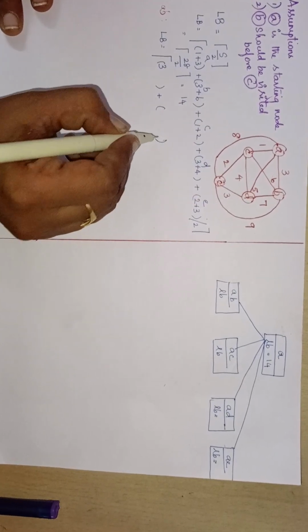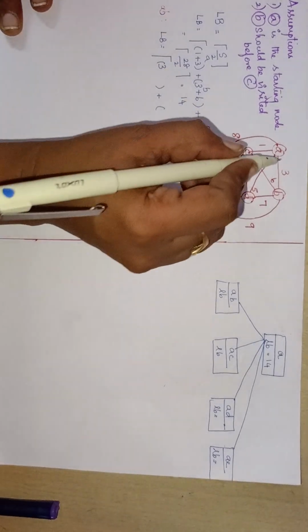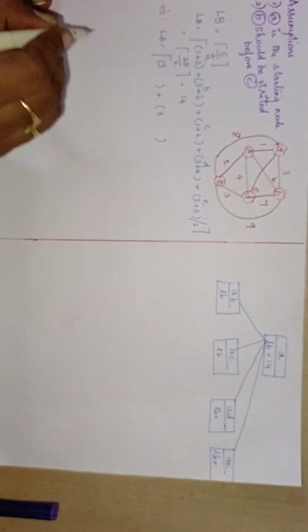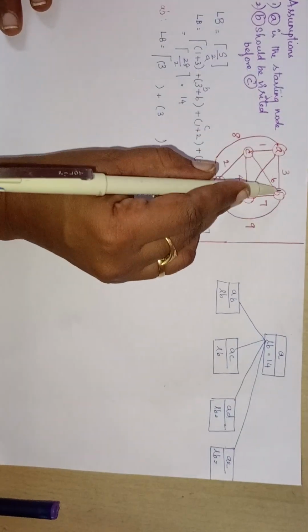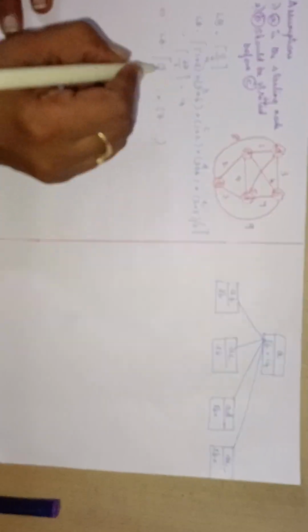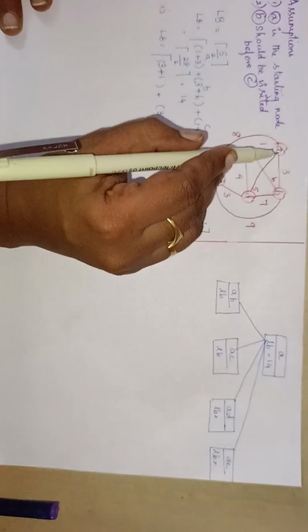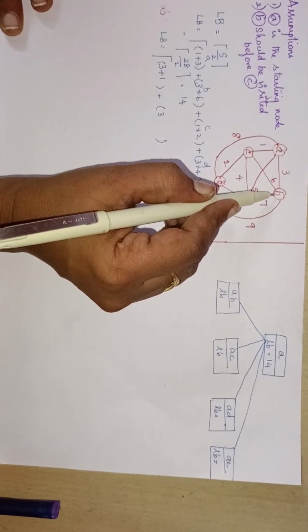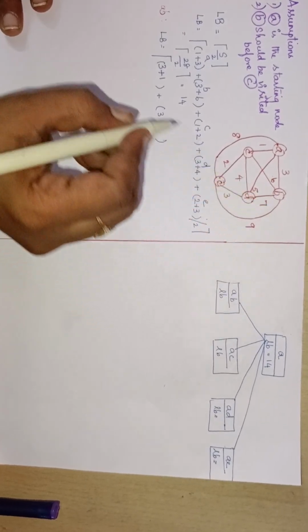And for B also, this AB should definitely be included, so I am placing 3. Other than this, which is the closest to A? It is 1. Other than AB, which is the closest to B? It is 6.